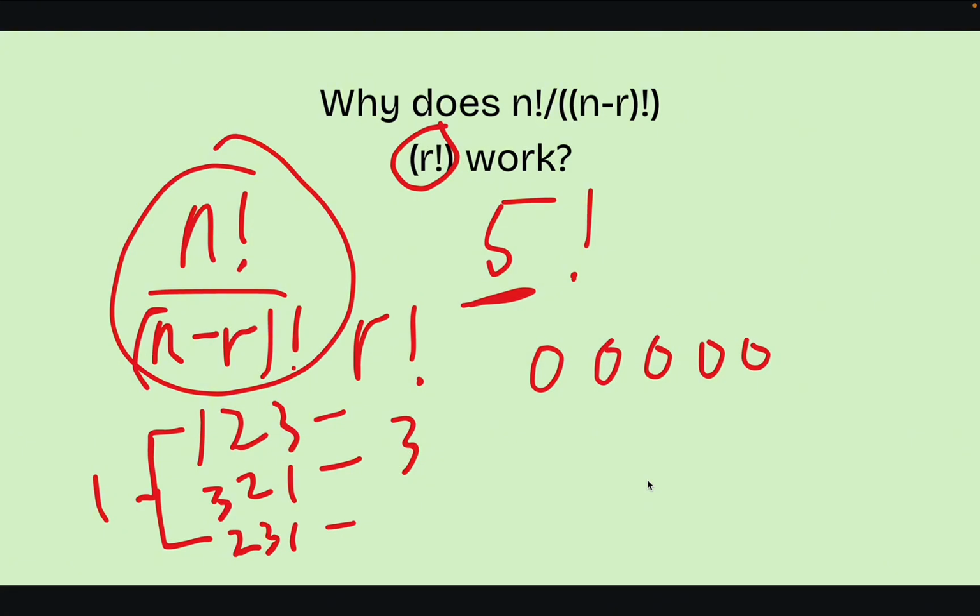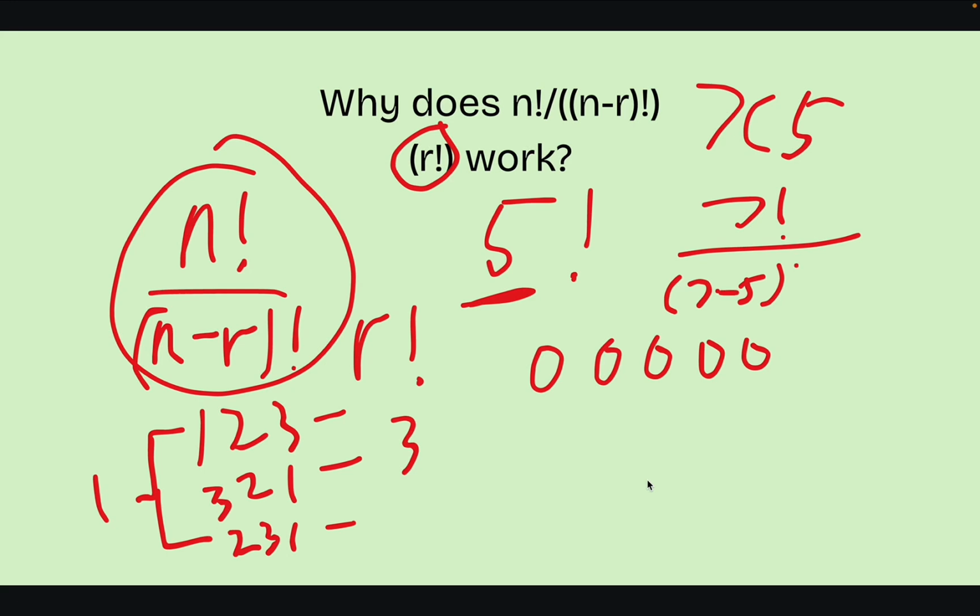That all sounds a bit abstract, I'm sure. So let me try and showcase this with a 7 choose 5, right? 7 choose 5. In this situation, 7 factorial would be up top here, and then this would be 7 minus 5 factorial times 5 factorial.